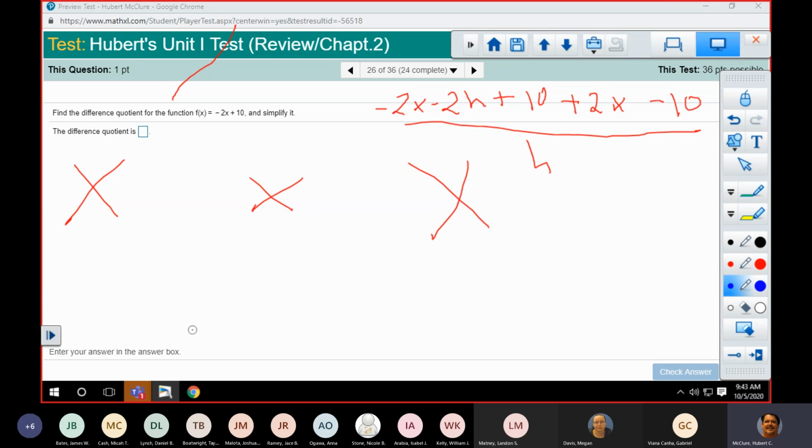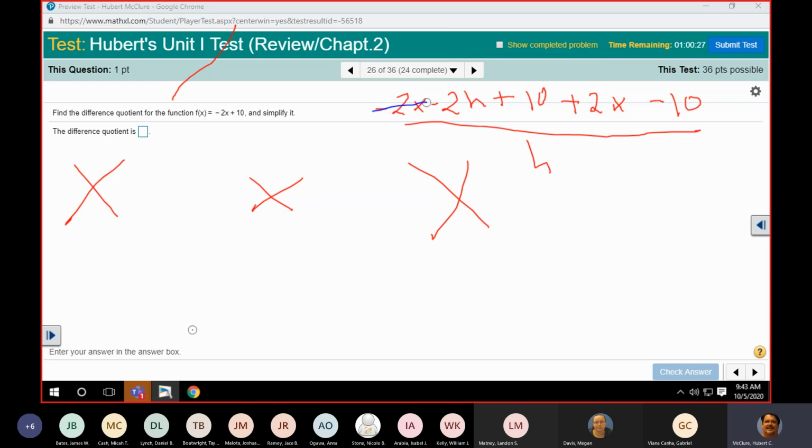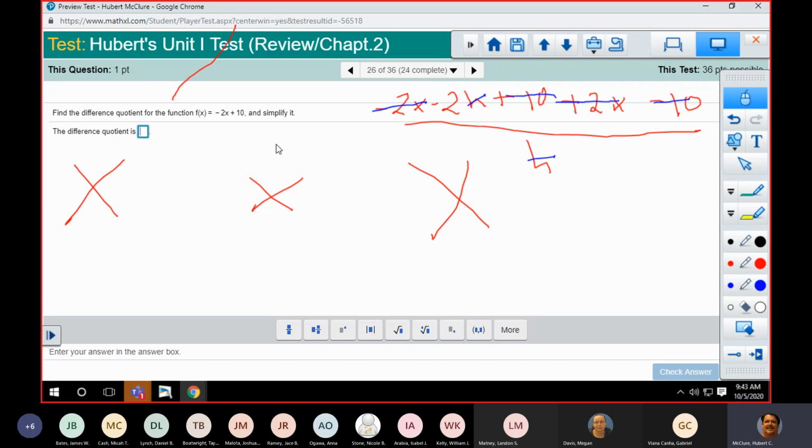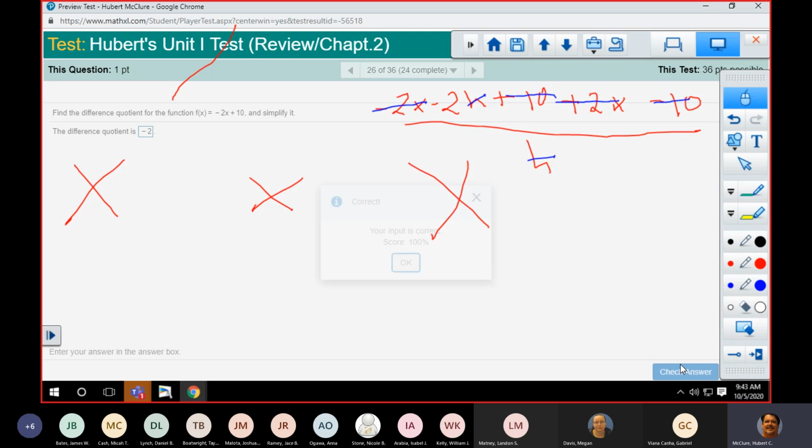Of course, the negative 2x cancels and the 10 cancels, and the h's cancel, and I get -2. Oh, I need to go back and take this question out. Now, I'm sorry, folks, I did that one just about in my head. Y'all should be able to knock that one out, no problem.